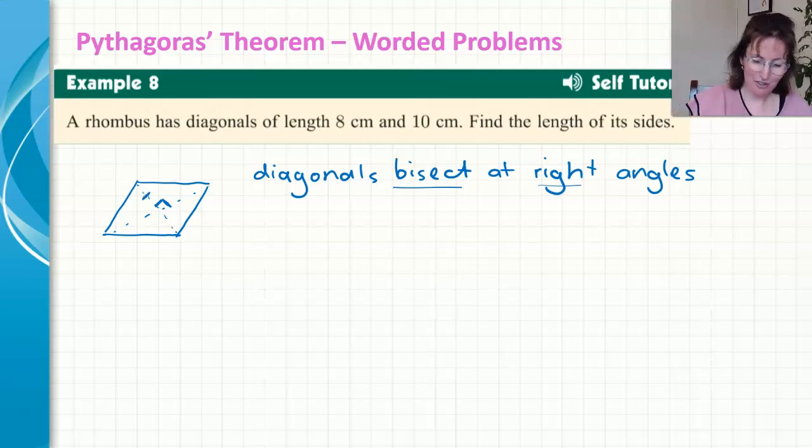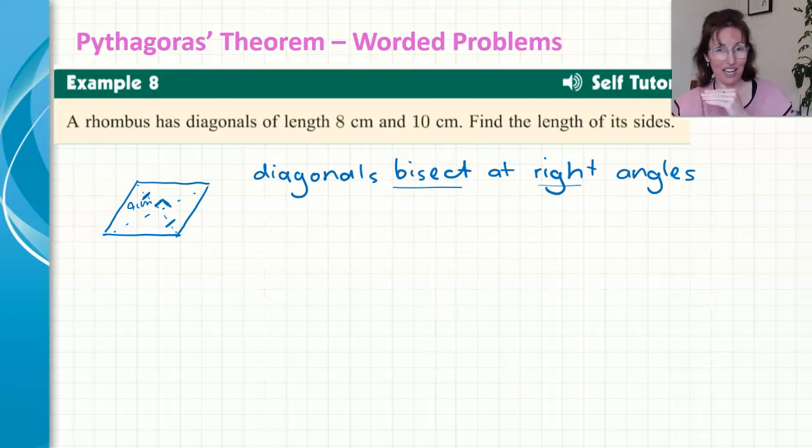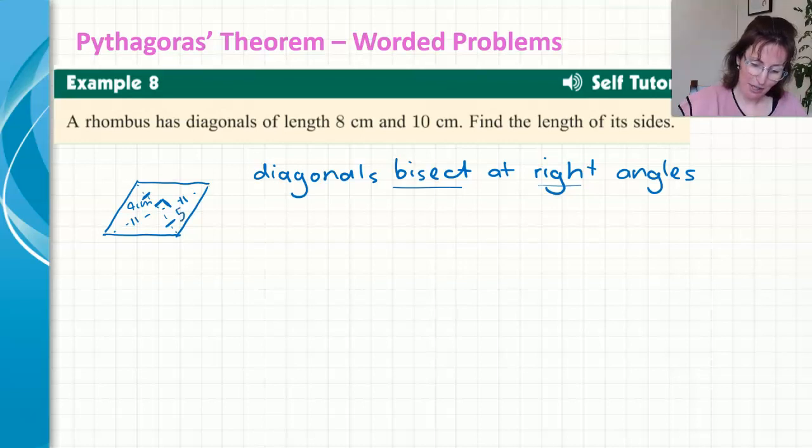So this side of the rhombus there will be the same length as here, and that's the shorter side. So we've got a 4 centimetres there and a 4 on the other. And the long one, the 10, I'll do a double dash for that. If they are bisecting, they are 5 centimetres. I'm just going to extract out a triangle here because I think I've drawn my picture a bit small.